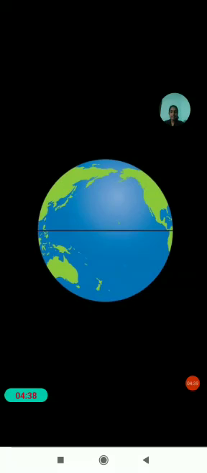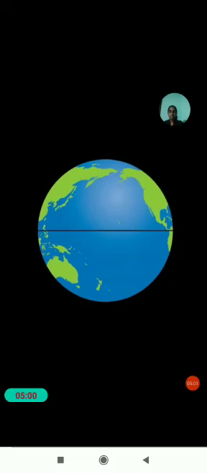An imaginary line that runs midway between the north pole and the south pole divides the Earth into two equal parts. It is called the equator. It is also the longest latitude.